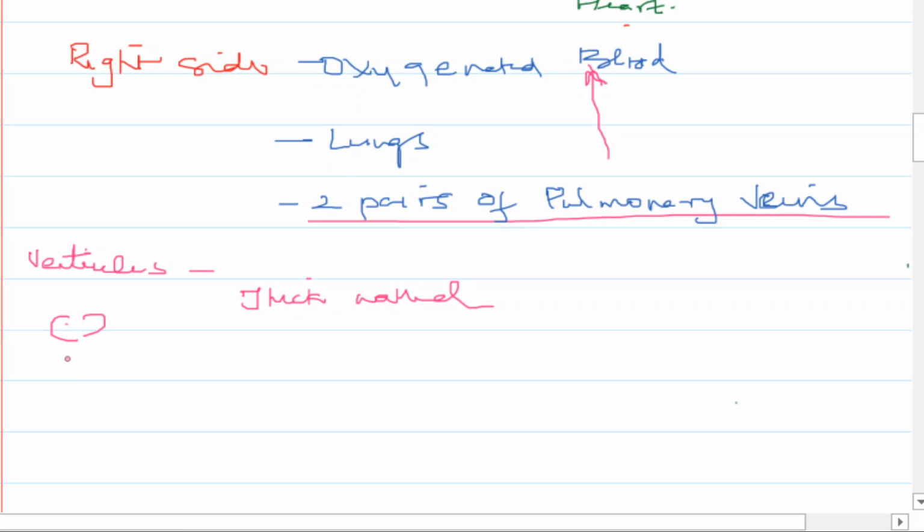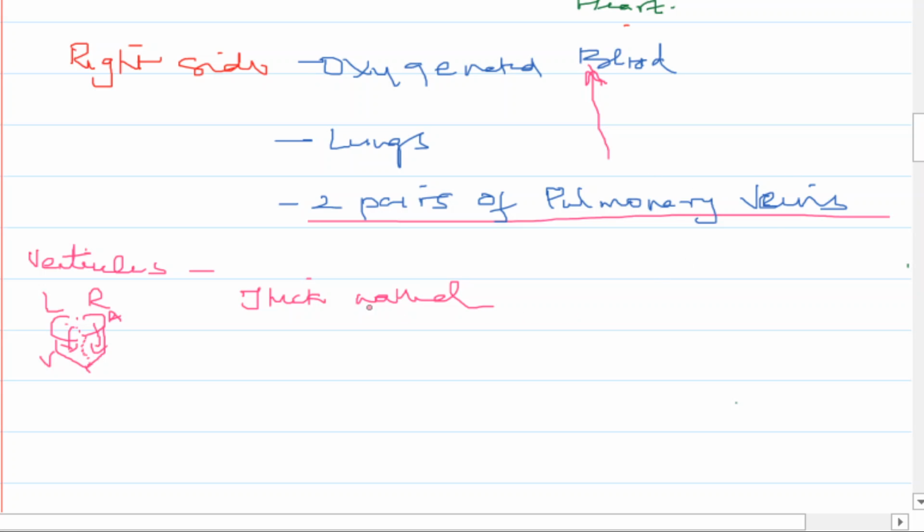This is the heart. Right, this is the left, this is the right, these are the auricles, these are the ventricles. So the left side blood flows into the left ventricle. From the right side, blood flows into the right ventricle. Here is the septum between the two.